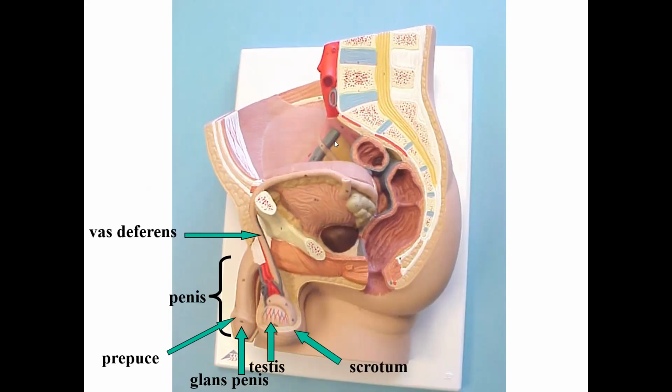It goes around the pubic symphysis right here, wraps around behind the urinary bladder, and combines with the structure known as the seminal vesicle. The seminal vesicle provides about 60% of the semen. At this point, sperm are moving simply through muscle contractions. They're being propelled by smooth muscle contractions in the vas deferens.